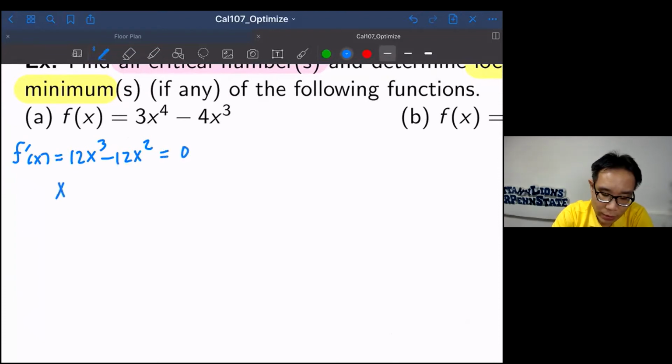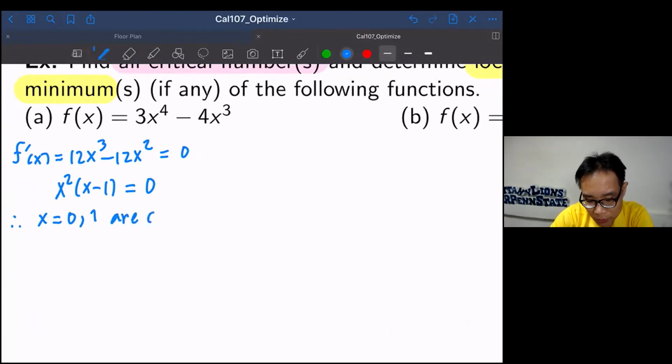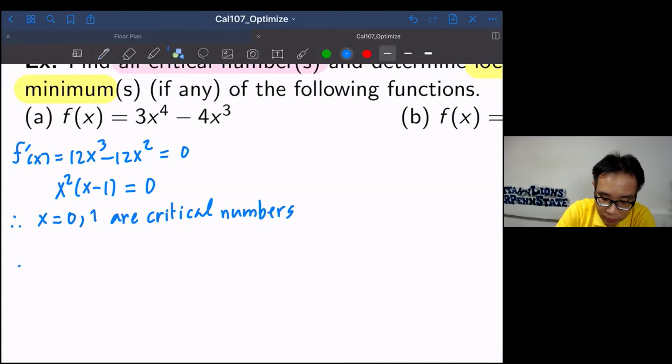So you get x squared times (x minus 1) equal to 0. So you get x equal to 0, 1, critical numbers. So we have two critical numbers in this case.